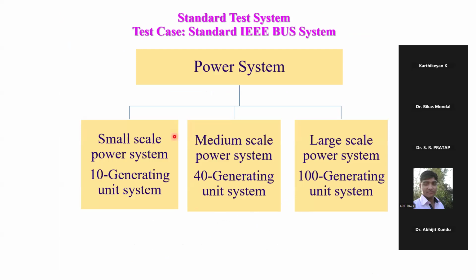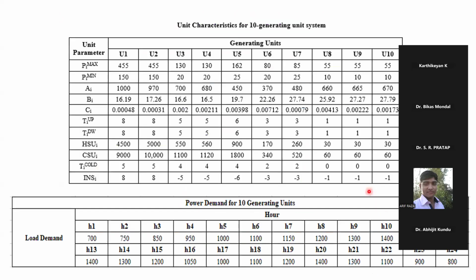Here we take three types of generating station: 10 generating units, 40 generating units, and 100 generating units. If 10 power generating units are connected in parallel, then which generating unit should be on and which should be off? The same applies to the 40 and 100 generating units.